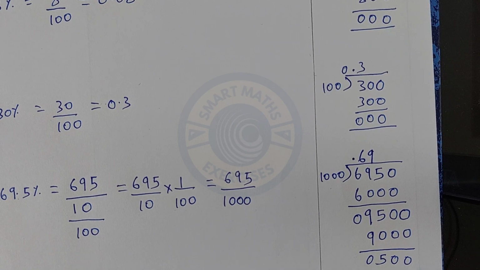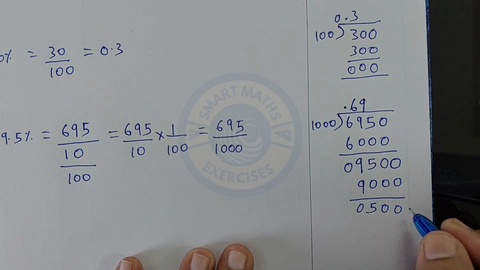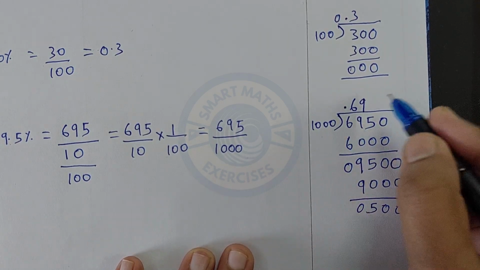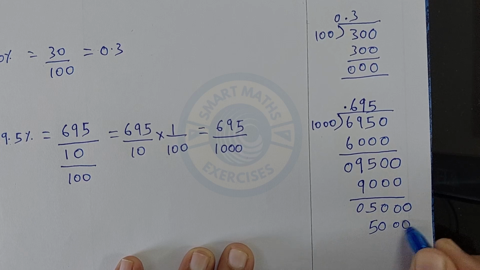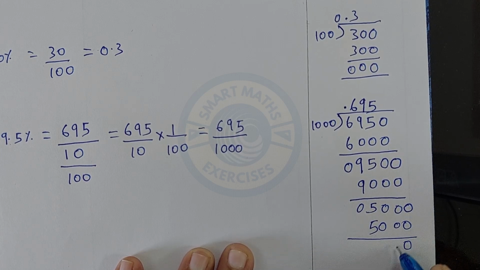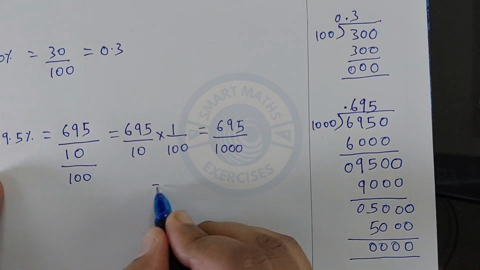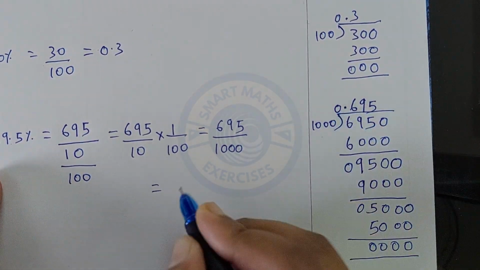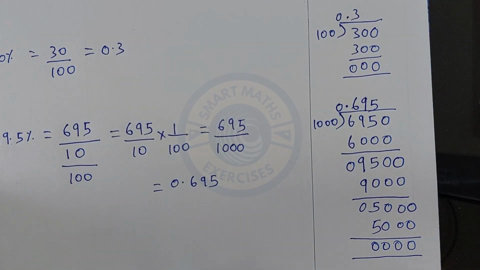We still have 500 here. So add a 0 here. 1000 fives are 5000. 5 minus 5 is 0. We got 0 as remainder. So answer is 0.695.